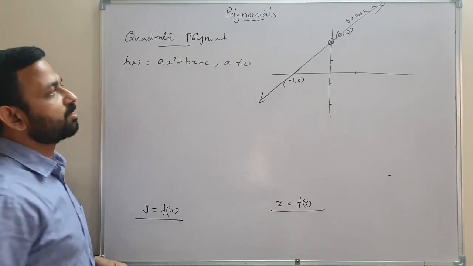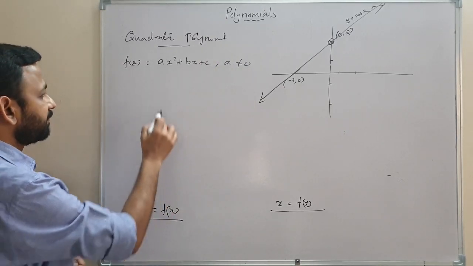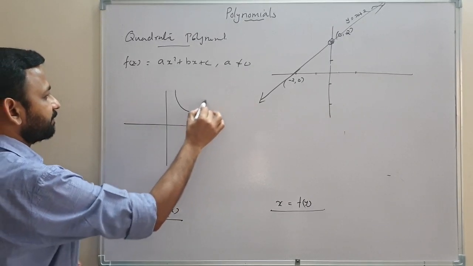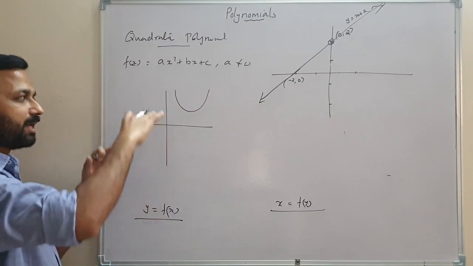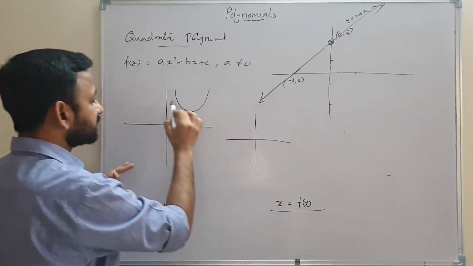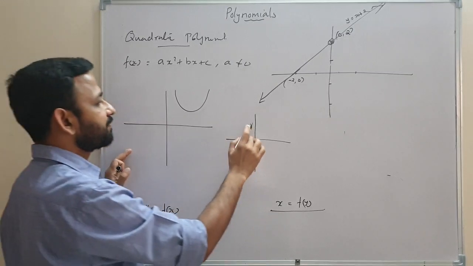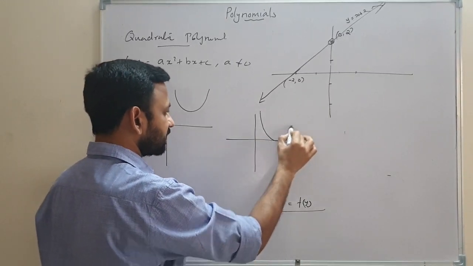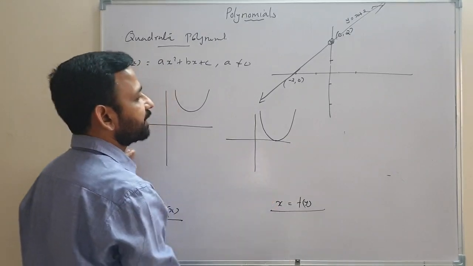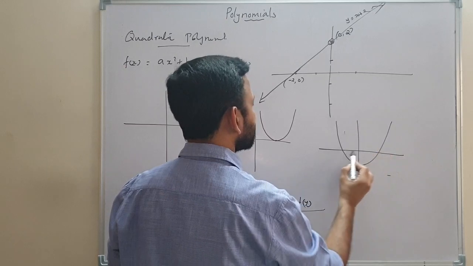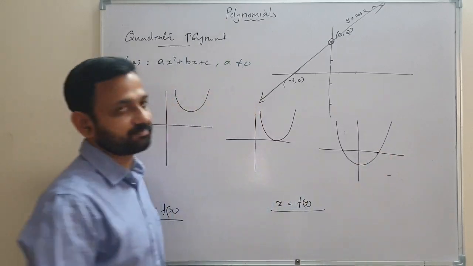This is the standard form of a quadratic polynomial. And when we draw the graph of the quadratic polynomial, you may get a graph like this, opening upward or downward. Sometimes it is not intersecting the x-axis at any point, sometimes it is intersecting the x-axis at exactly one point, and sometimes it intersects the x-axis at two different points.